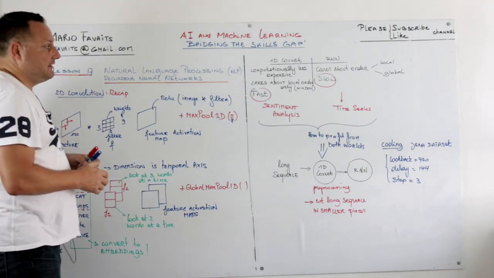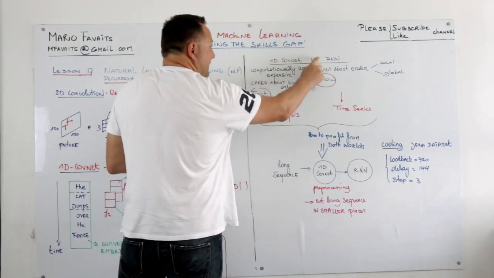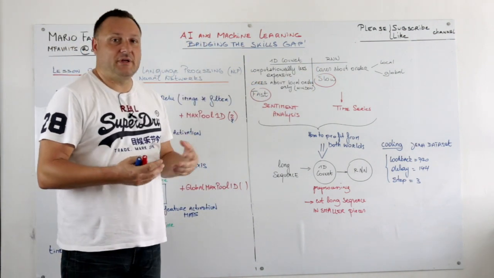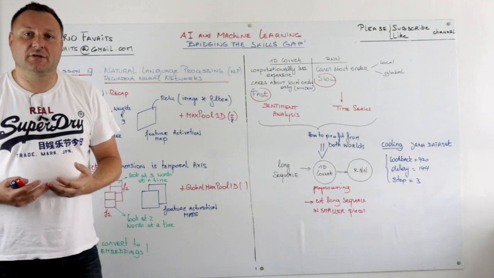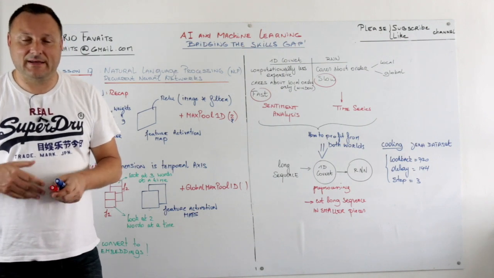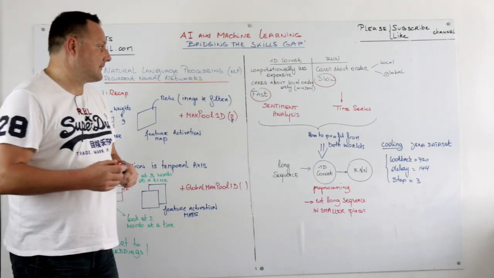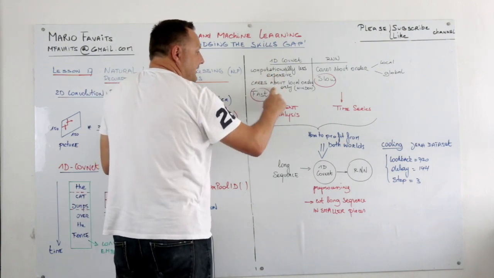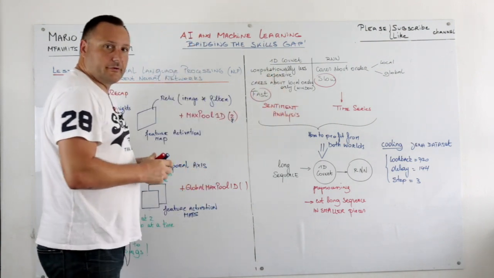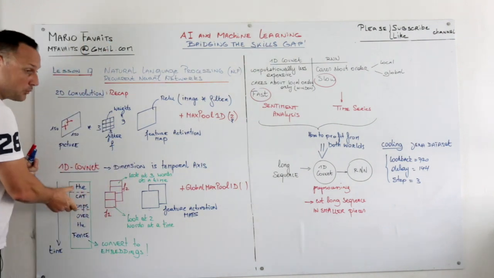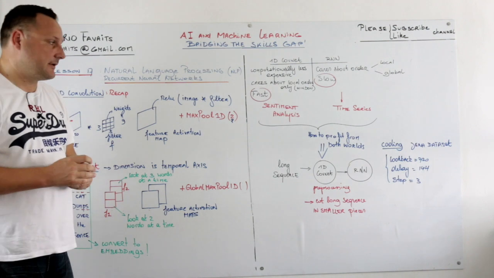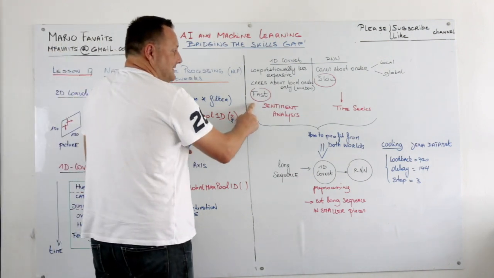And if we compare 1D Covnet with RNN, it's clear that the 1D Covnet is computationally less expensive, and it actually goes very fast. The problem is that a 1D Covnet only cares about local order. Whatever happens in that window doesn't look at the global order. And it's fast.